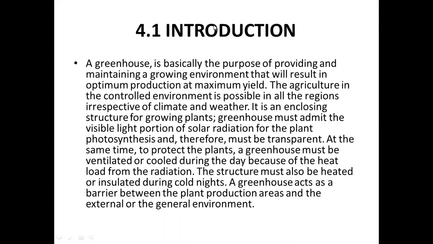Also the structure should get heated during the daytime, and also be insulated during the cold nights. A greenhouse also acts as a barrier between the plant production areas and the external or general environment. So this was the introduction.